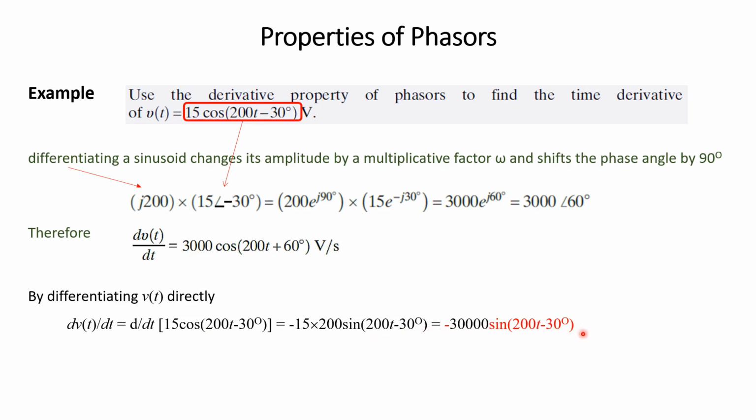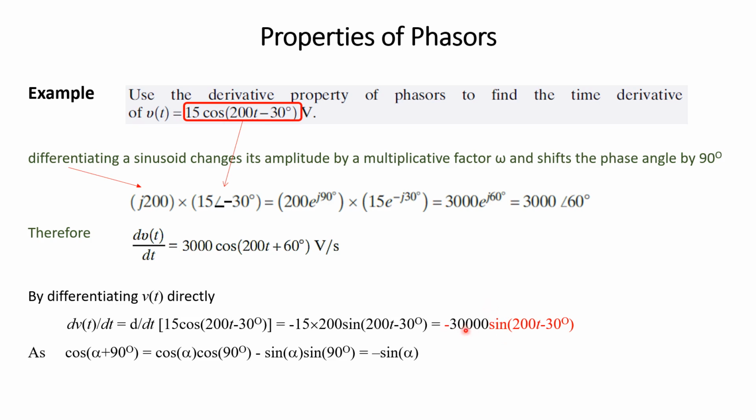Note that if we differentiate this voltage, which is represented in cosine, we will have minus 15 into 200 sine, because d by dt of the cosine function is minus sine. Now proceed further. We need the cosine representation for phasors, so this sine function must be converted into cosine form.